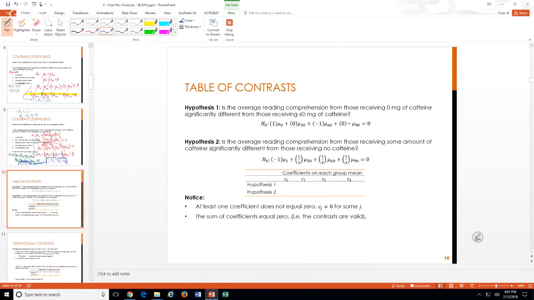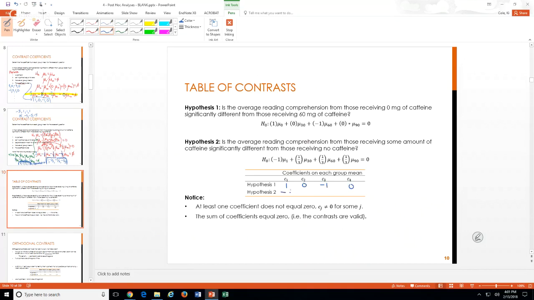A table of contrasts is just the set of coefficients for a set of hypotheses. So I have hypothesis 1 and 2. Those are one example of the various coefficients. In the first hypothesis, 1, 0, minus 1, 0.